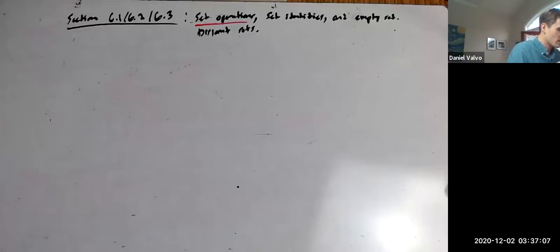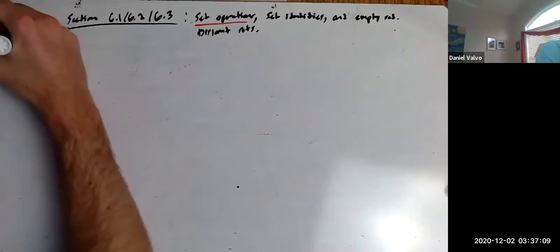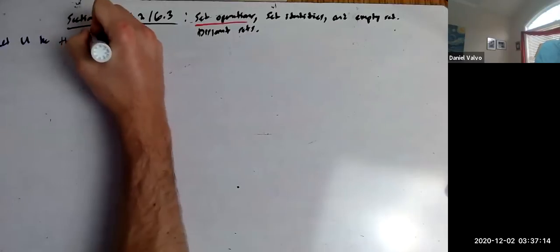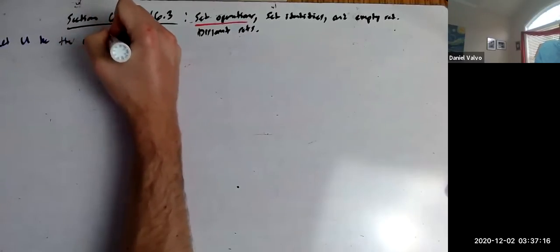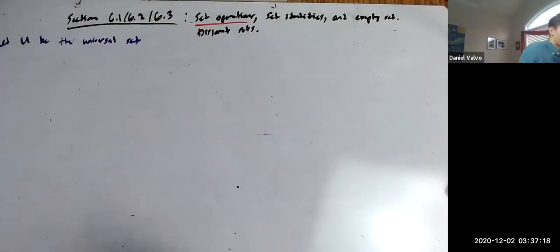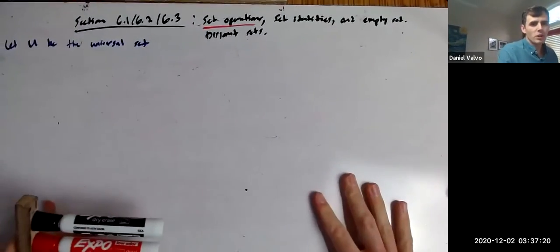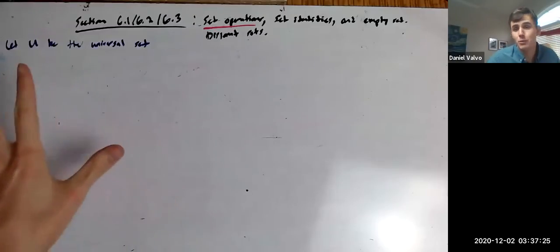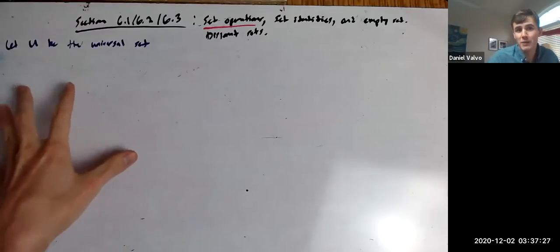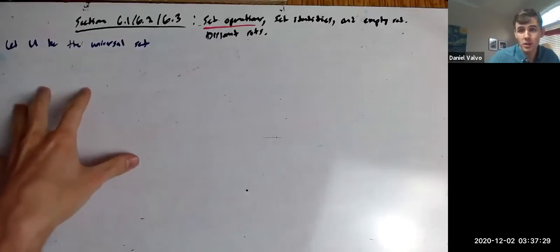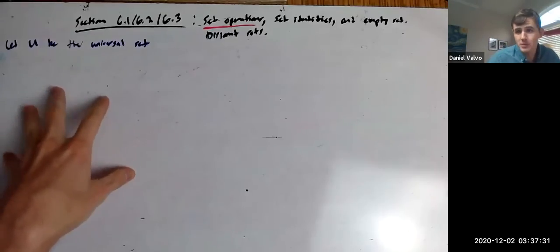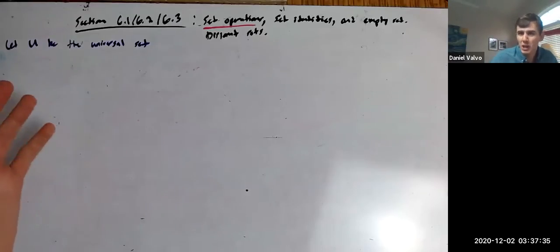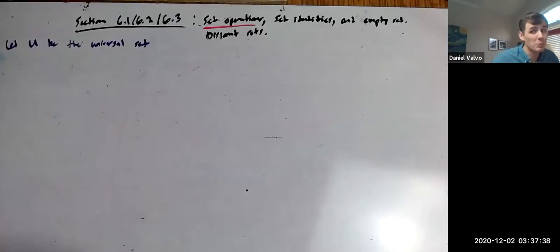So let's go ahead and let U be the universal set. All that means is that in the context of what we're talking about, we're going to consider everything to be a subset of U. U is the universe we care about, whether it's numbers or matrices, or it could be anything. I like goats for some reason, so it could be a set of goats.